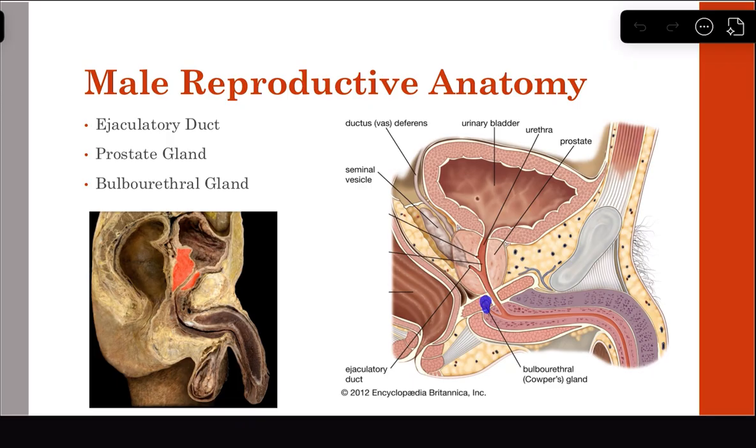This is commonly referred to as Cowper's gland, C-O-W-P-E-R apostrophe S, and you might see either bulbourethral or Cowper's gland in the literature, so don't be surprised if that pops up. And guys, take a look at these. Just get a general idea of the orientation of where things are moving, where these quote unquote pipes are flowing, and how they travel to get to the right place. Okay.